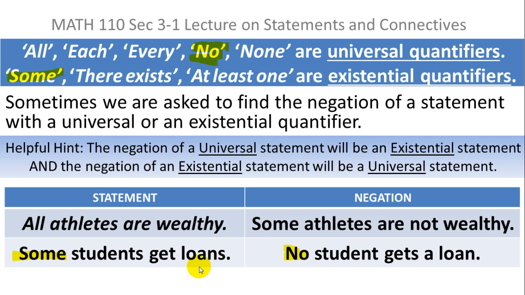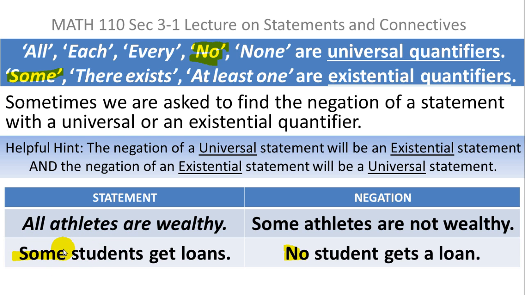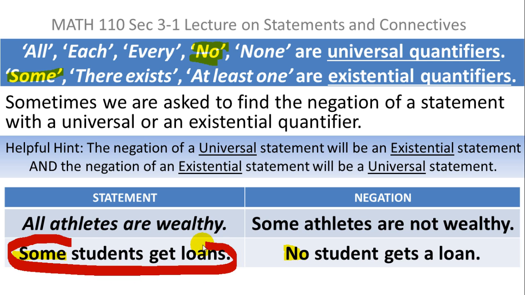You've got to think about what this thing is saying. The original statement is claiming that some students get loans. So if I want to negate that, and I've chosen no as my quantifier, how would I show that that statement is not true?